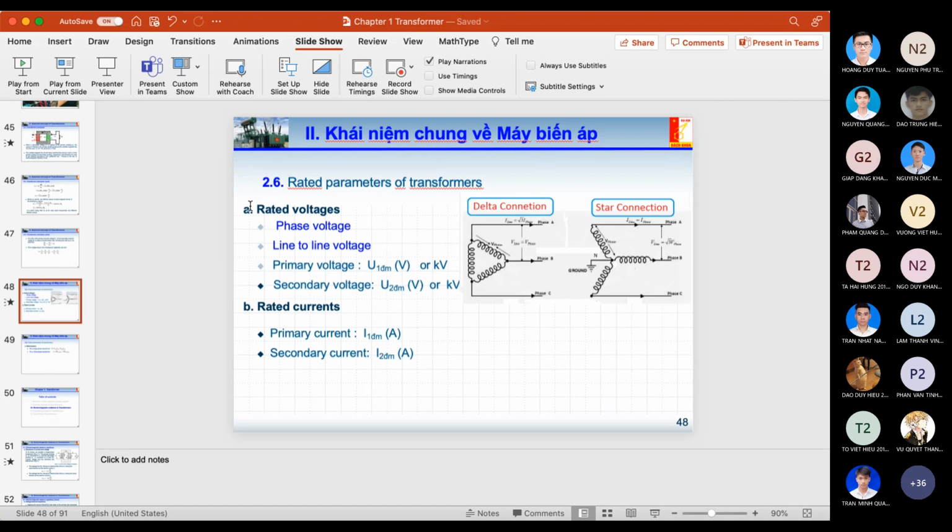Because we are talking about the transformer, we have to take care of the nameplate of the transformer. Normally, every transformer, even a step down transformer or a step up transformer, has a nameplate mounted on the tank of the transformer.